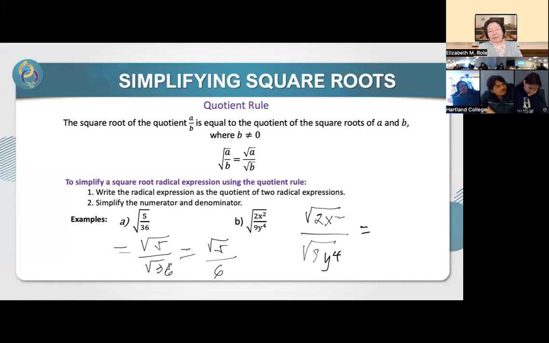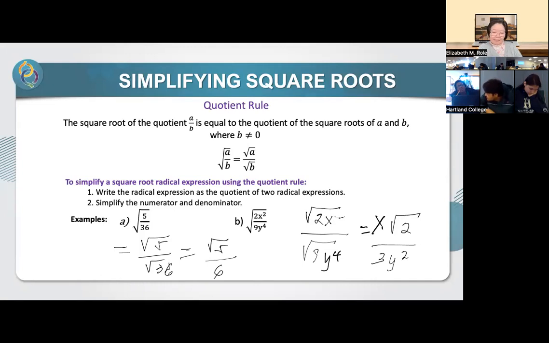For the square root of 2x squared, only x squared is a perfect square, so take that out, right? x. What remains is the square root of 2 over the square root of 9y to the 4th, which is a perfect square. And that will be 3y squared.